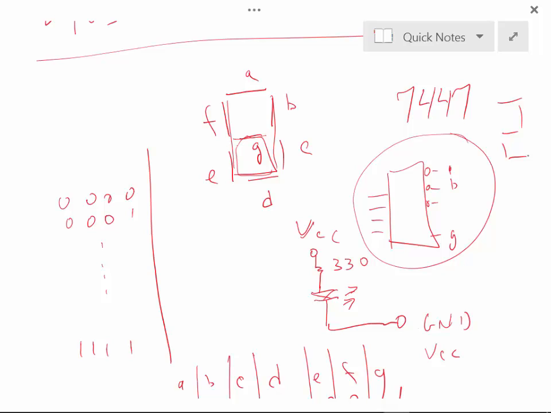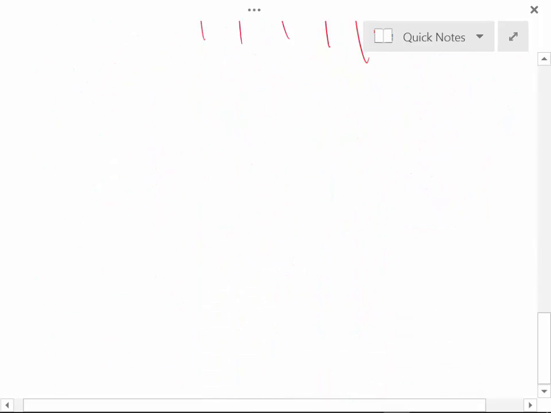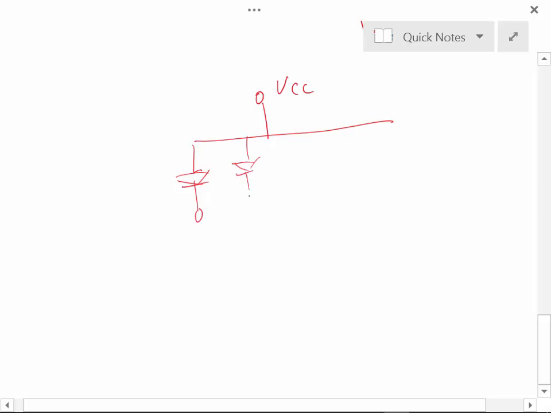If you were to look at a 7-segment display on the schematic, you would see VCC here, and then you would see your LEDs connected like this, with A through G over here.